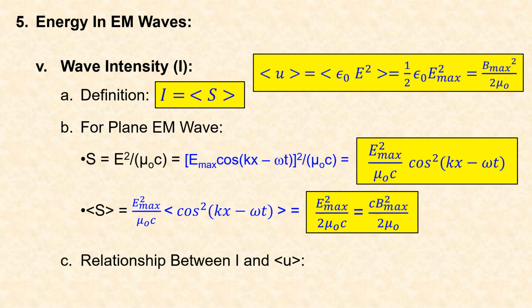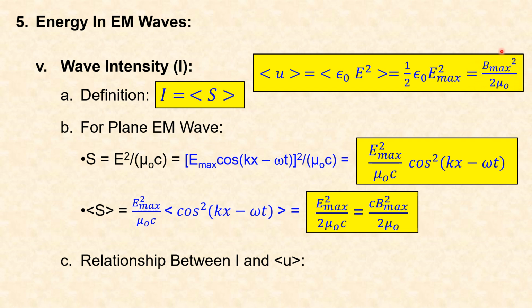Let me once again grab a laser pointer here. If we want to find that relationship between the intensity, that is the average value of the pointing vector, which we said we could express as this right here, notice c times B max squared over 2 mu naught. You'll see how closely related that is to the average value of the total energy density of the electromagnetic wave, which is expressed up here as B max squared over 2 mu naught.